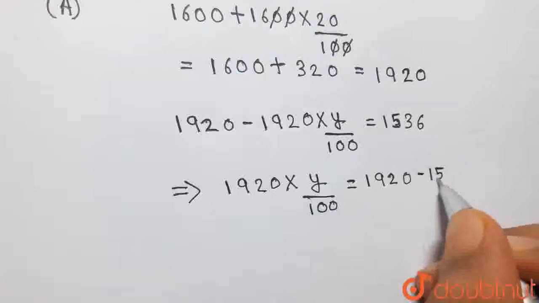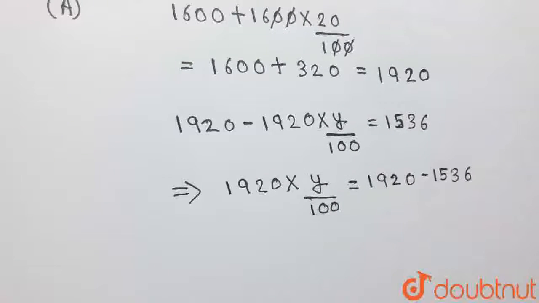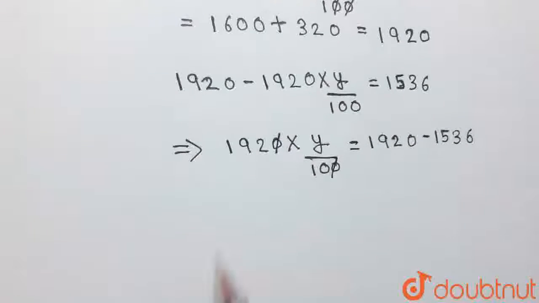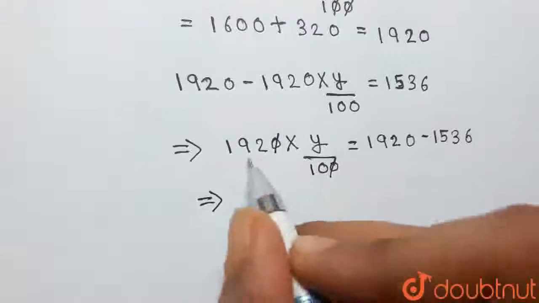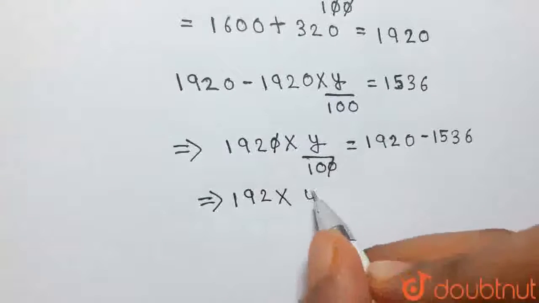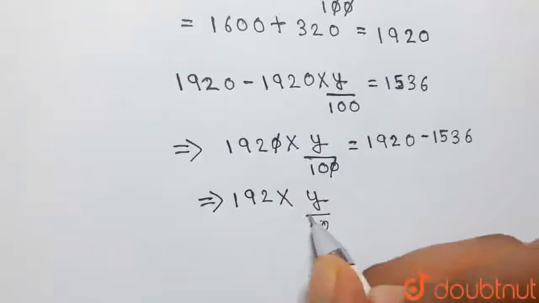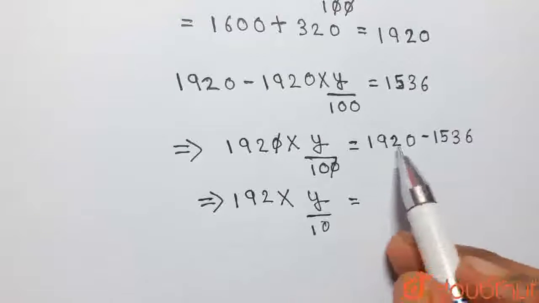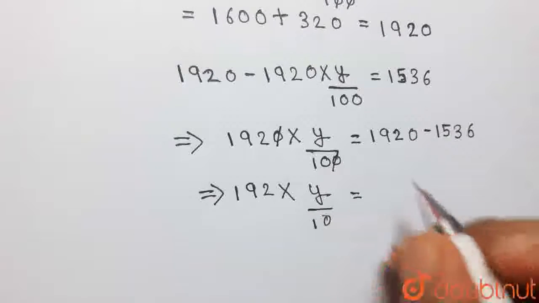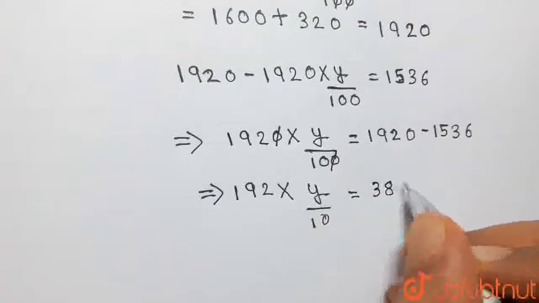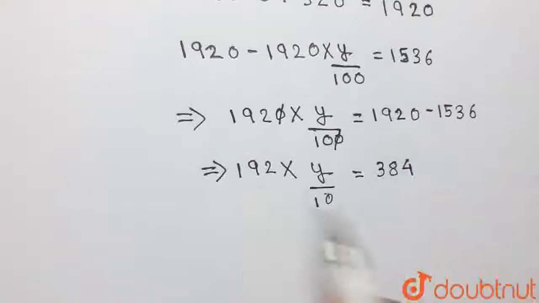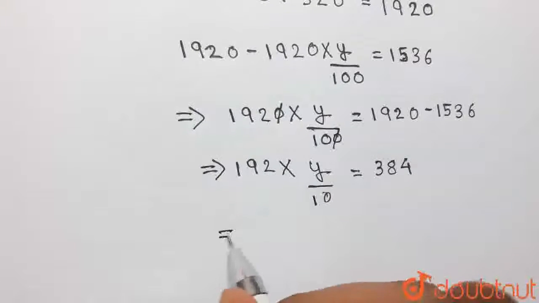Now in the left hand side, cancelling the zeros, this can be written as 192 into y by 10, and on the right hand side, this difference 1920 minus 1536 when calculated using a calculator comes out to be 384.